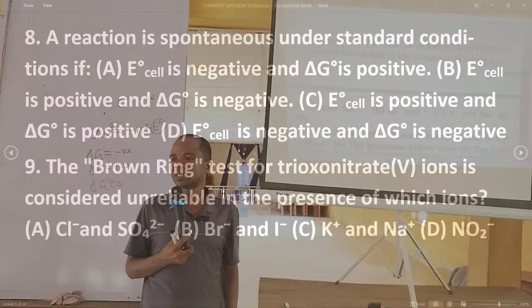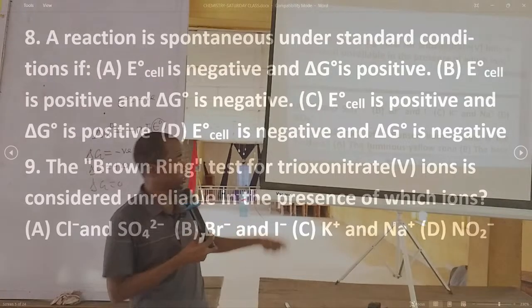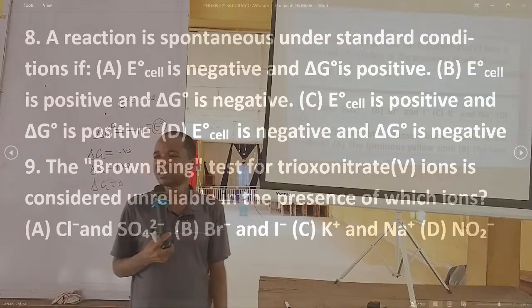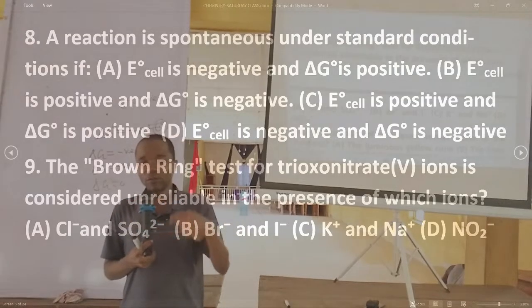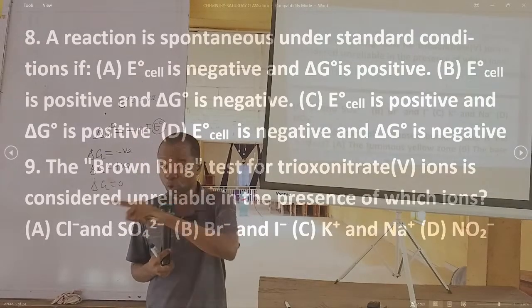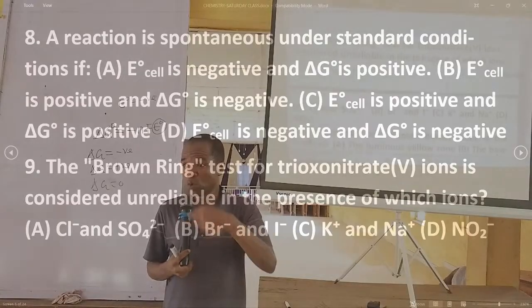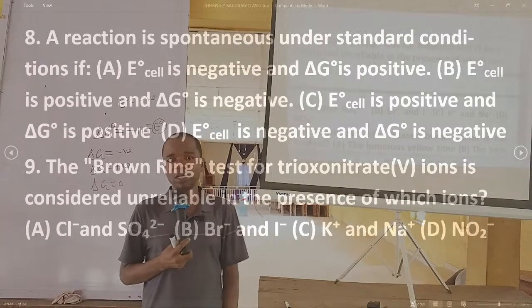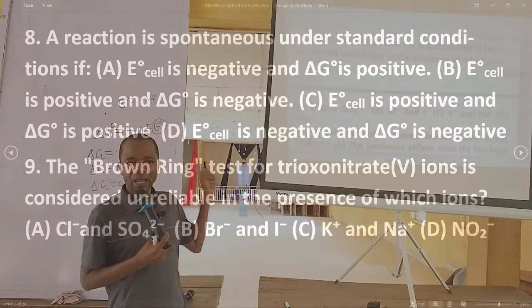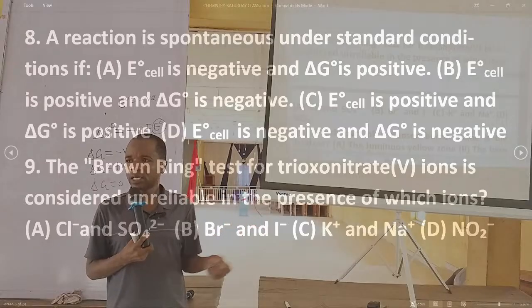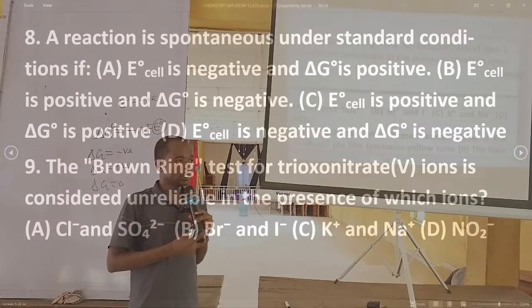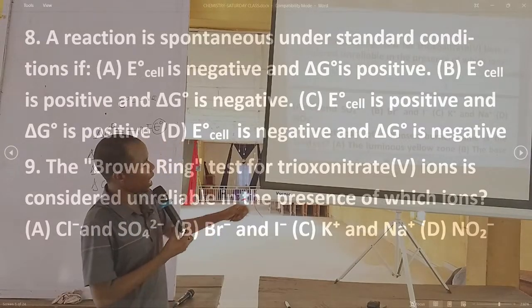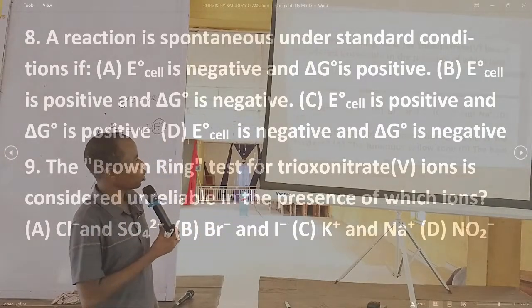Bromine water, reddish brown, which is going to interfere. So even if there's no nitrate ion, even if it is bromine that is there, you will see that brown ring and you will think that nitrate ion is present. So the reliability of the brown ring test is affected by the presence of iodide ion, I minus, and bromide ion, Br minus. So that is option B.